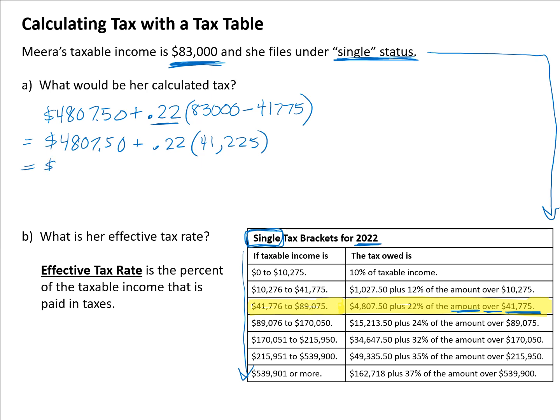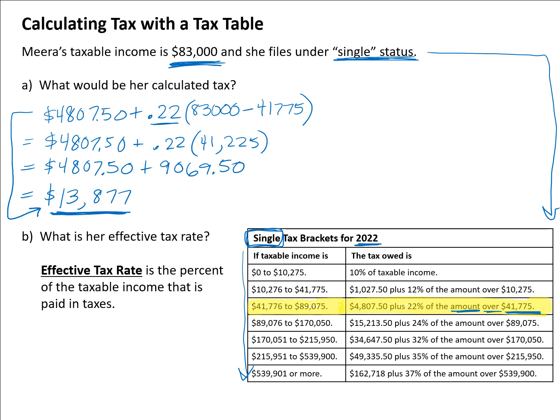That's about $9,000 in taxes from this 22% tax bracket, $9,069.50 specifically. Then I add those together and I get that she owes $13,877 altogether.